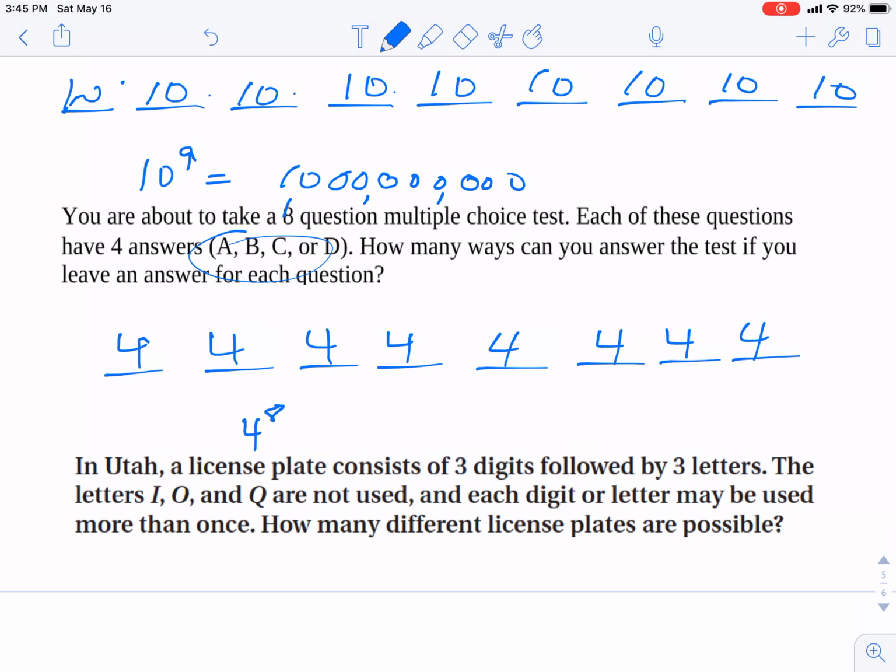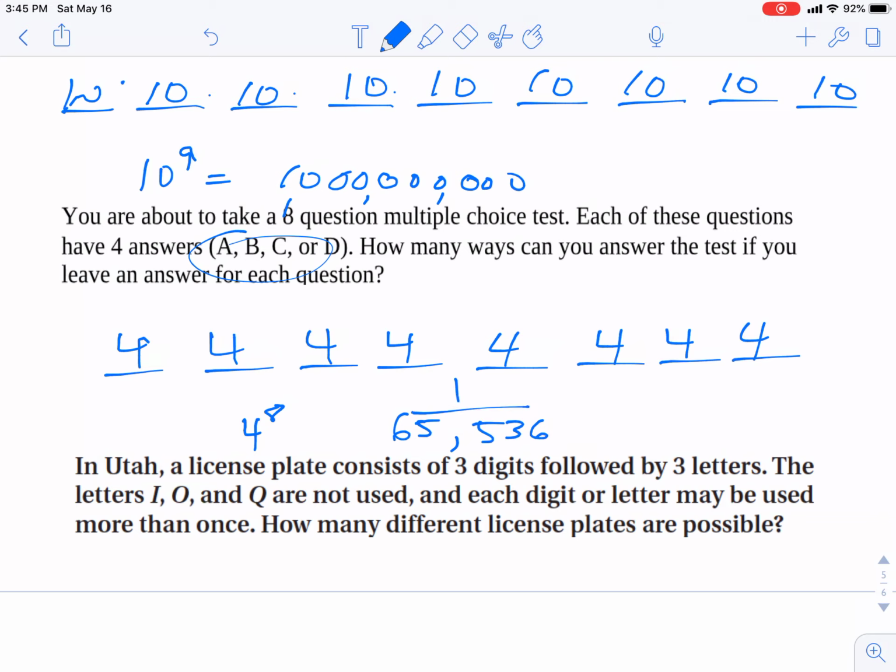I'm going to grab my calculator here quick. 4 to the 8th gives us 65,536 different ways to fill out that test. How many ways are there to fill out the correct test? Well, there's only one way out of 65,000.